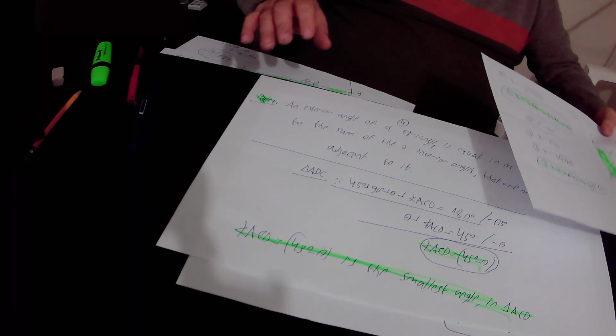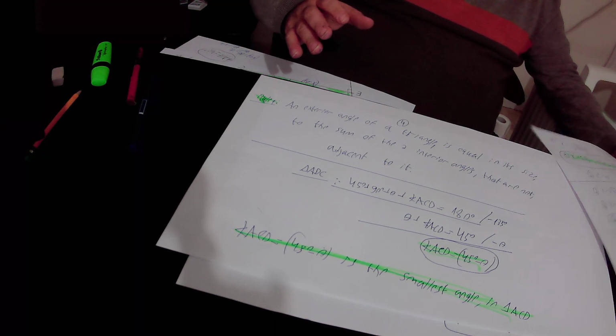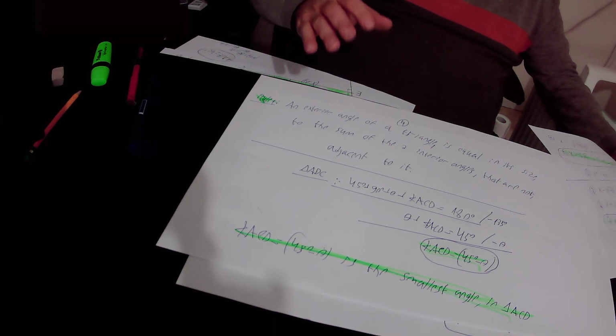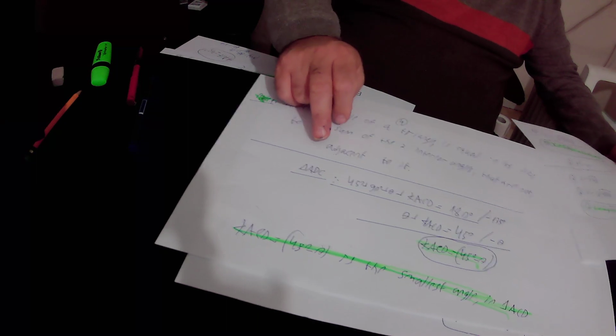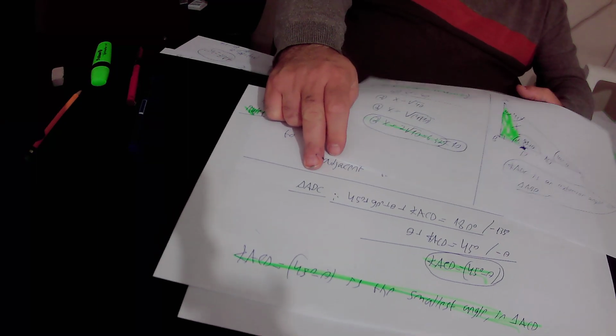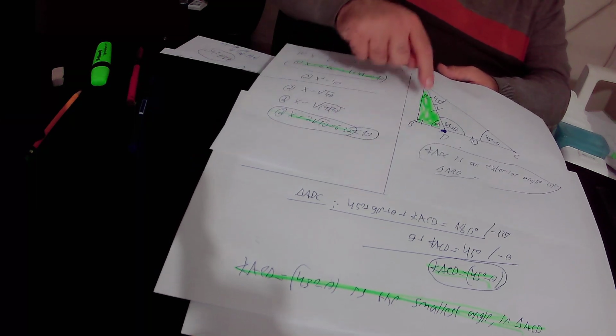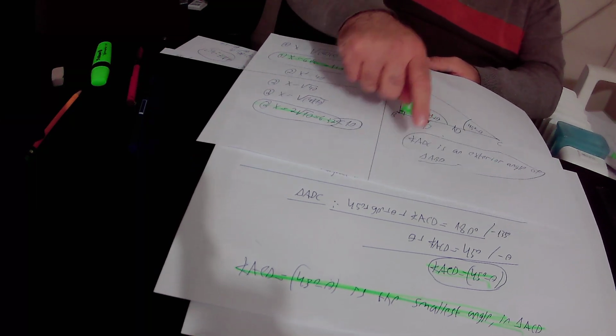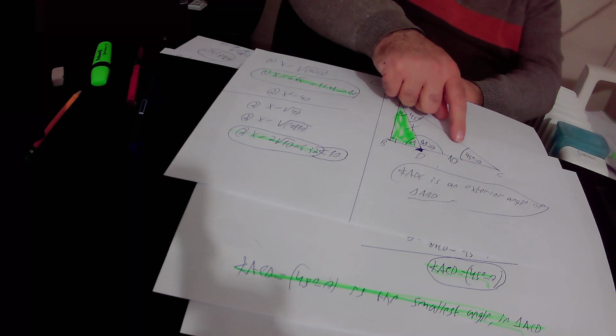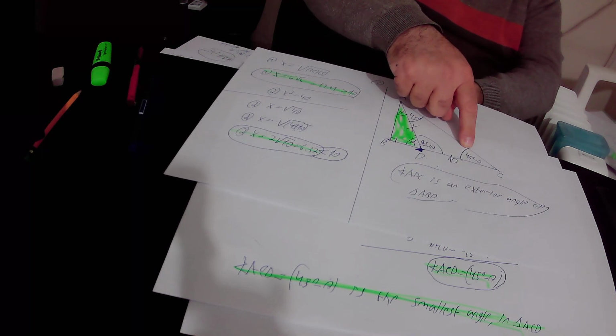And here we have angle ADC, equal to 45 degrees plus 90 degrees plus theta, plus the missing angle, that is angle ACD.